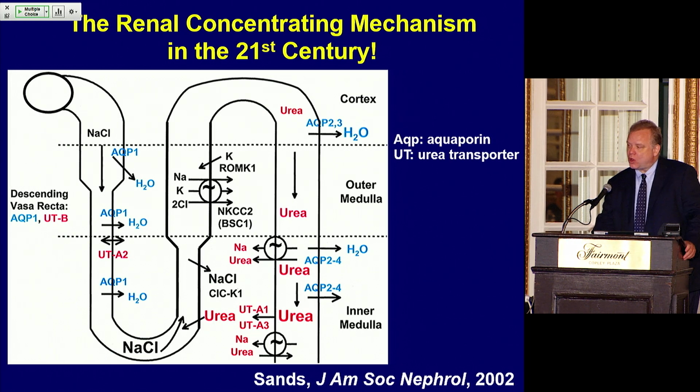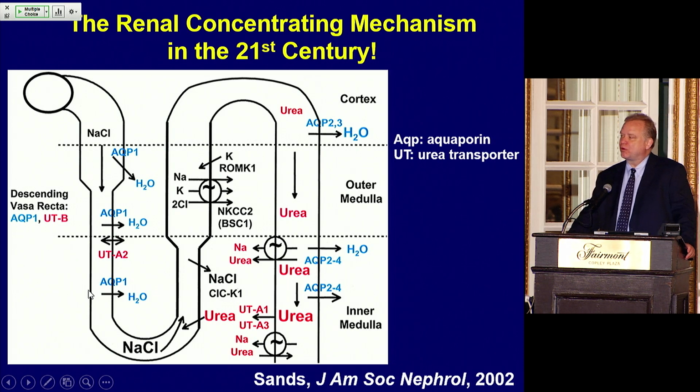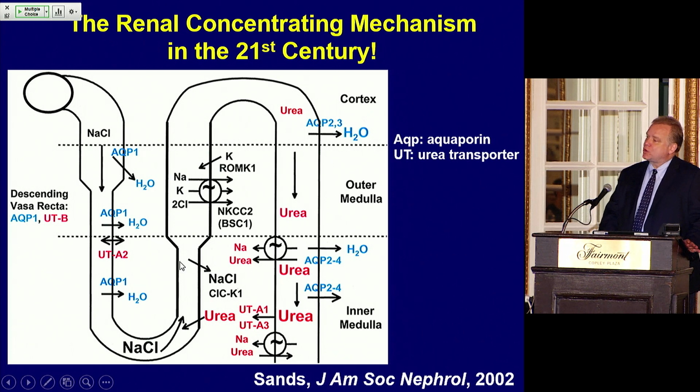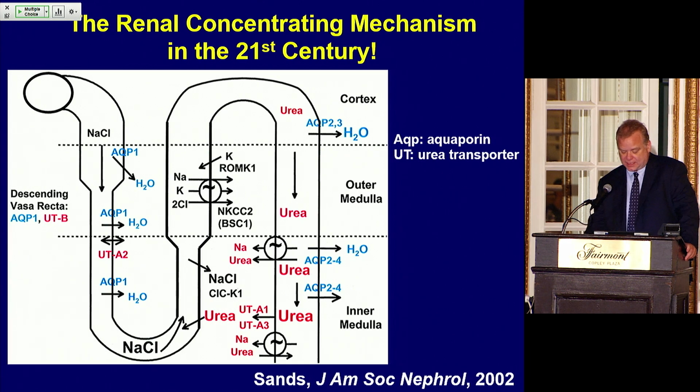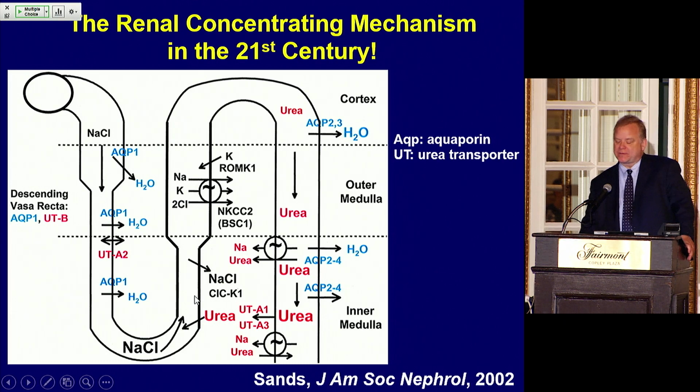And passive water exit across the proximal tubule, but also in the thin descending limb, where there's also aquaporin 1, increases the concentration of sodium chloride within the tubule. And then in the thin ascending limb, you get paracellular sodium absorption and transcellular chloride absorption through a chloride channel, CLC-K1, and that helps with the concentrating mechanism.